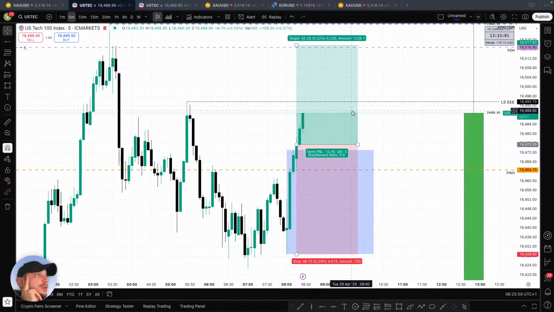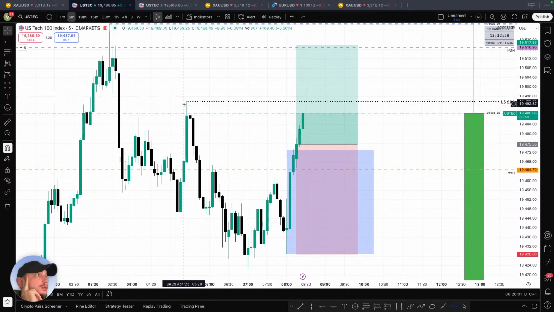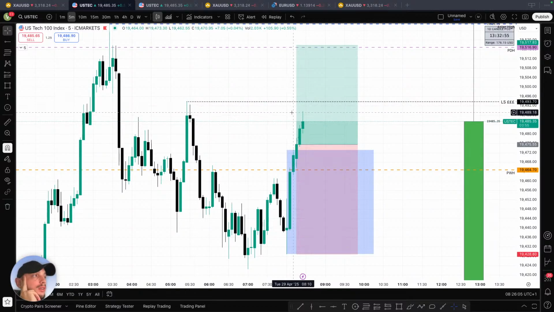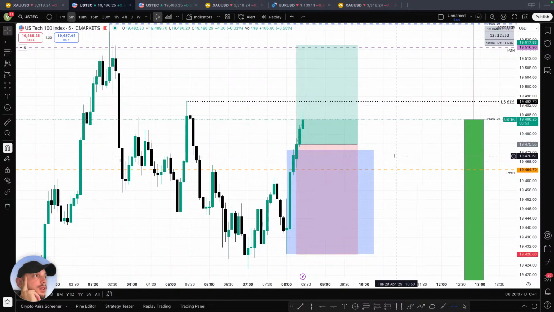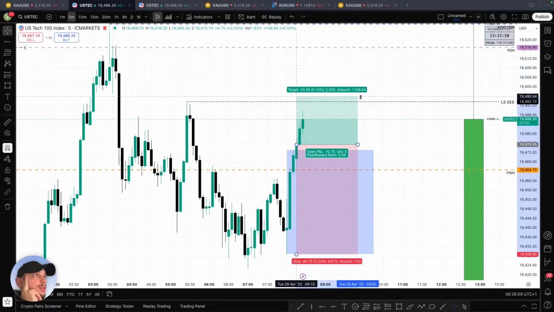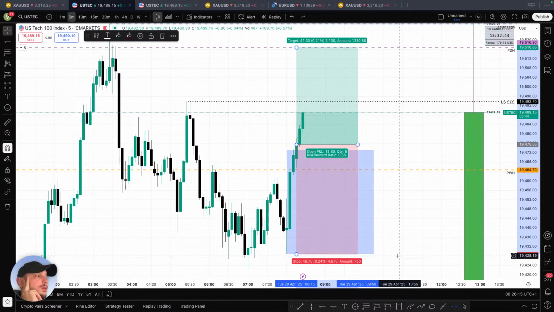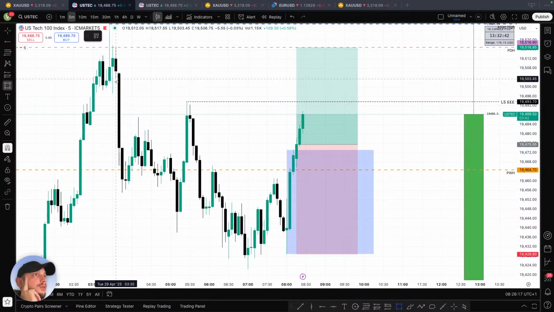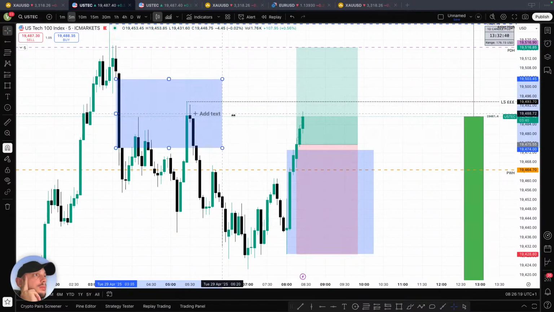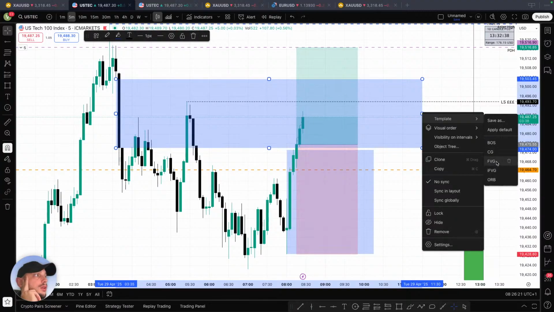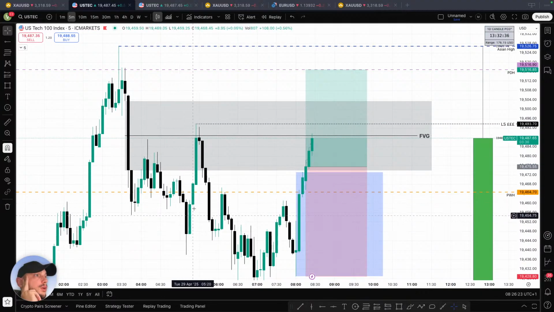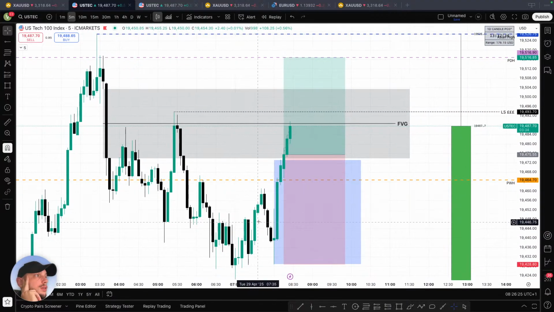Now, if we manage to take this liquidity, I would play it safe and move my stop loss to break even, despite it not being 0.5. Because one, we collect liquidity. Two, we're in a fair value gap, which pushed the price once, twice.